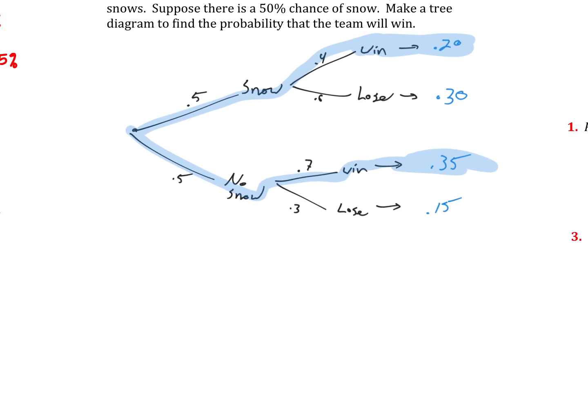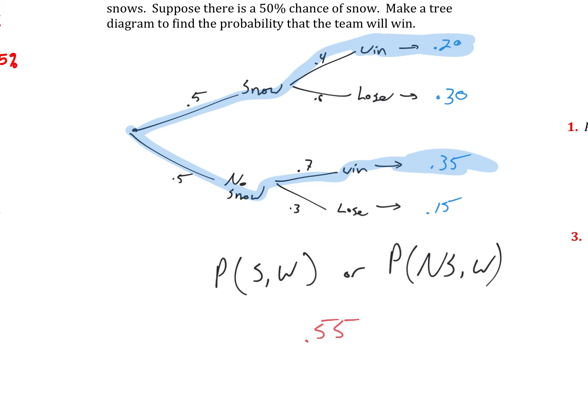Because if I want the team to win, I'm finding the probability that there's snow and they win, or the probability that there's no snow and they win. So we do 0.2 plus 0.35. This team has a 55% chance of winning.